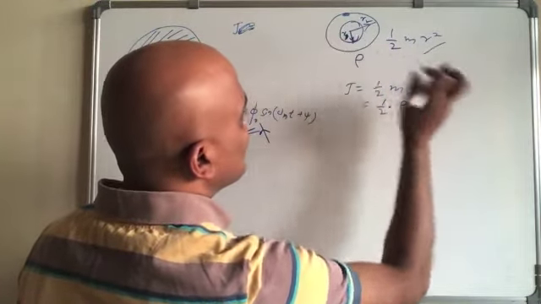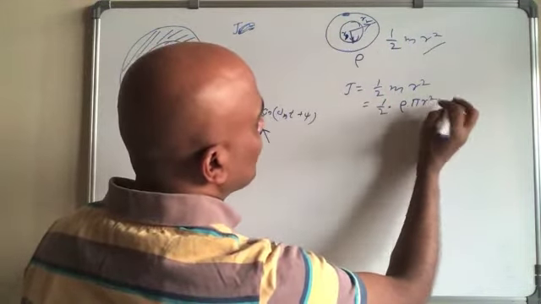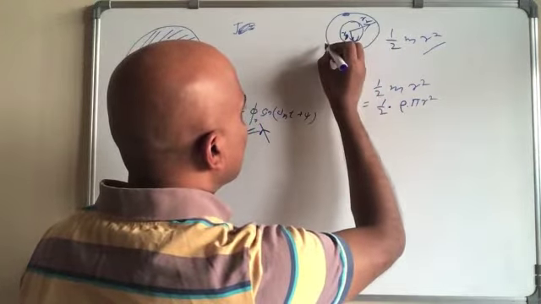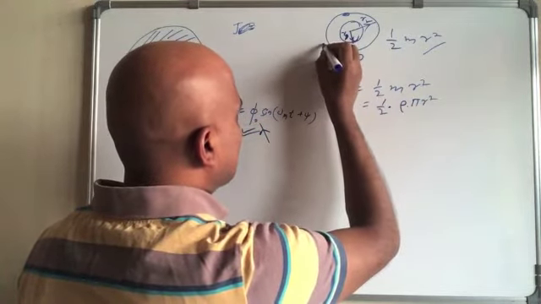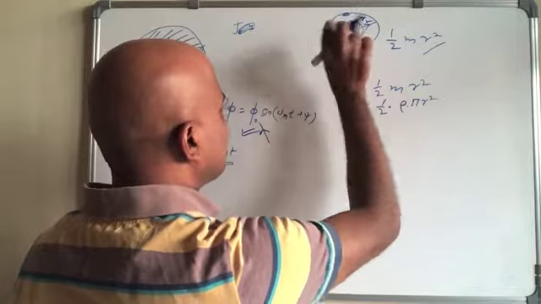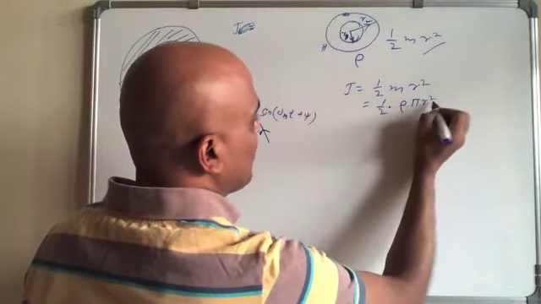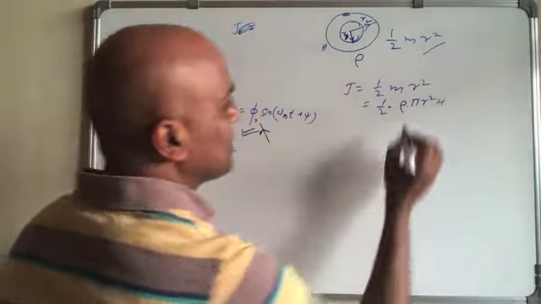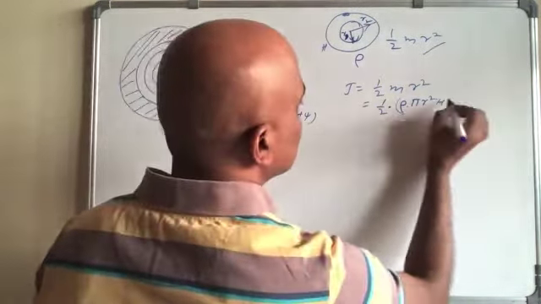Let us call h the thickness. So pi r square h is the volume, and this becomes the mass multiplied by r square. So simply it becomes half rho pi h r to the fourth. This is J.